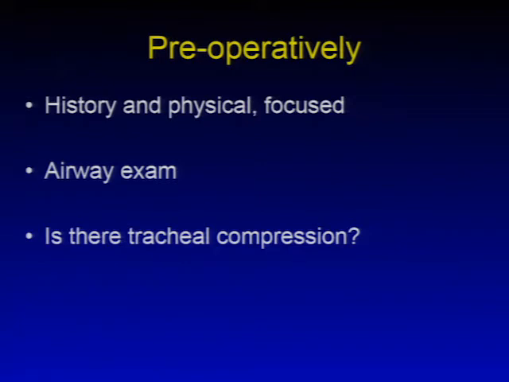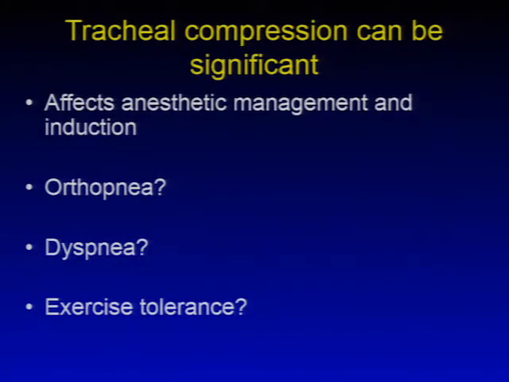But furthermore, it's also appropriate to observe a patient who has an anterior mediastinal mass. This tracheal compression can be significantly difficult for the patient to deal with. Do they have orthopnea? Do they have dyspnea? What is their exercise tolerance? For example, our patient is unable to lie flat.